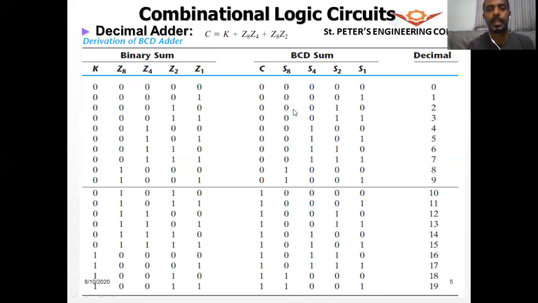So what we do here is, this is 0000 up to 1001, that is 9. So 0 to 9, we are going to represent this. Then for 10, the 5th bit will be 1, and the 4 bits that we are taking will be 0000.